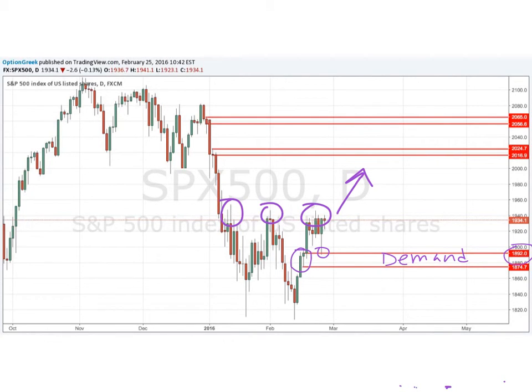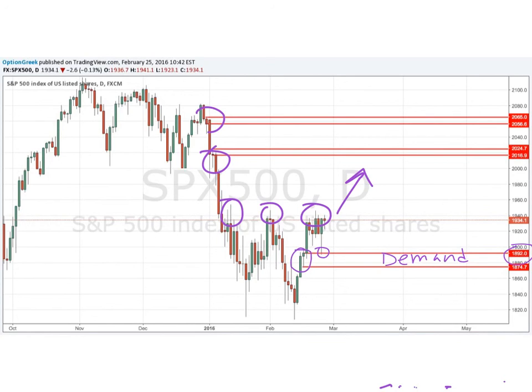And where will it go to? Well, on the daily, we are looking for the large range candles that were moving down previously, and we're looking to basically retest into those zones where there was a little bit of a pause. So right up here, and then a little bit higher up there would be my first targets.